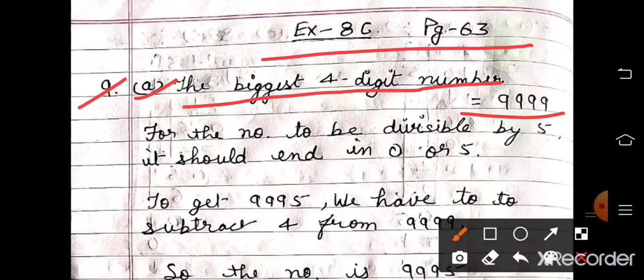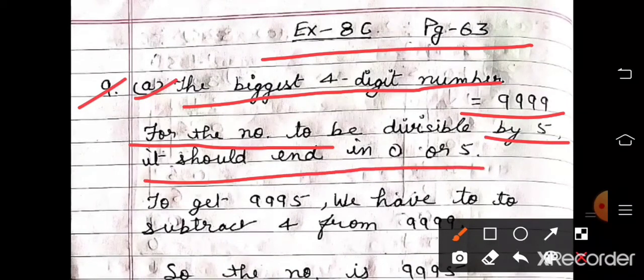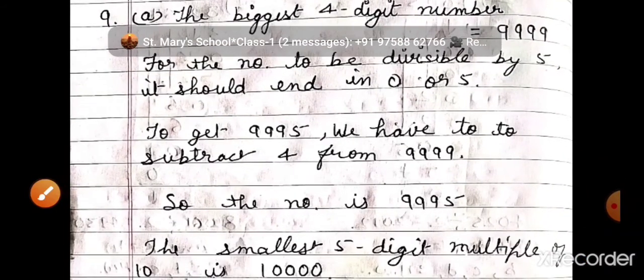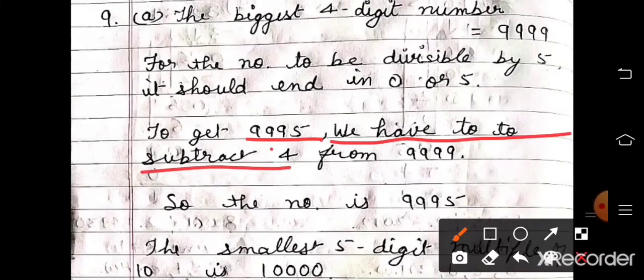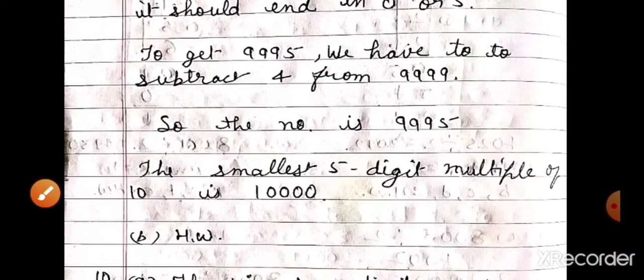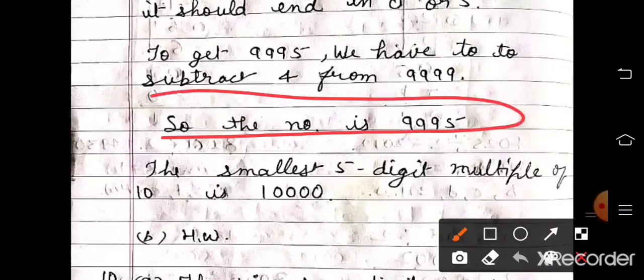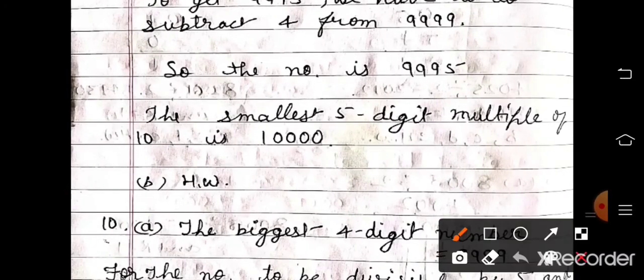So for the number to be divisible by 5, it should end in 0 or 5. So to get 9995, we have to subtract 4 from this number. Okay, so the number is 9995. Okay, now the smallest 5-digit multiple of 10 is 10,000.